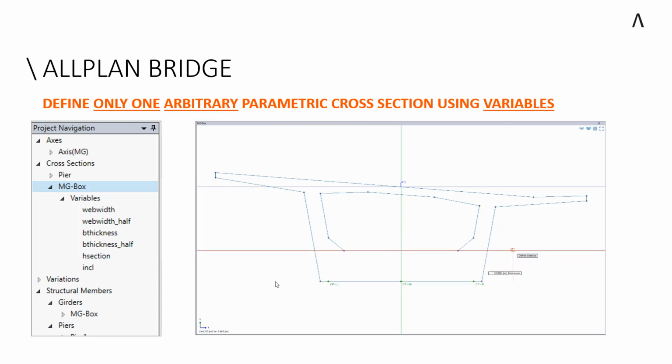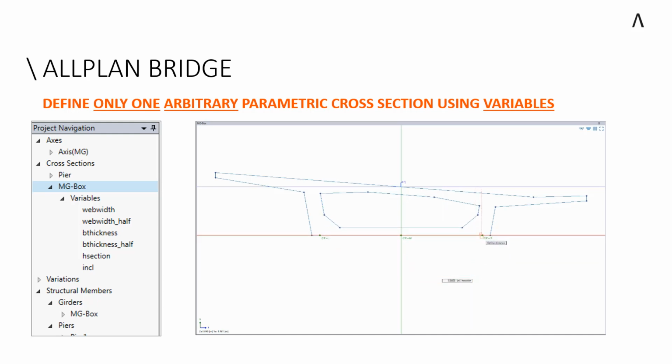Or if I change the height of the bottom slab thickness, this constant value of the chamfer will go with it in accordance. So let me run this animation once again. And you see it depends on the definition of your cross section, how the particular parts are depending from each other.